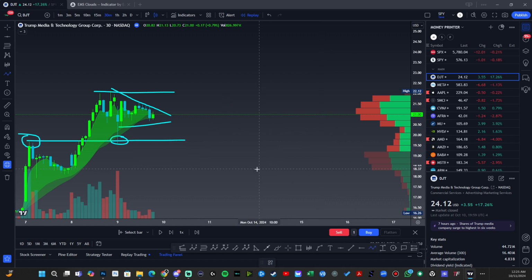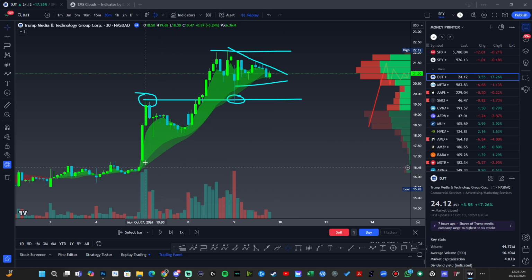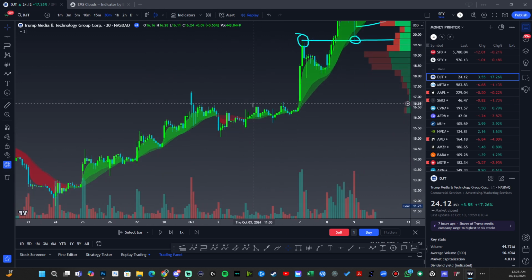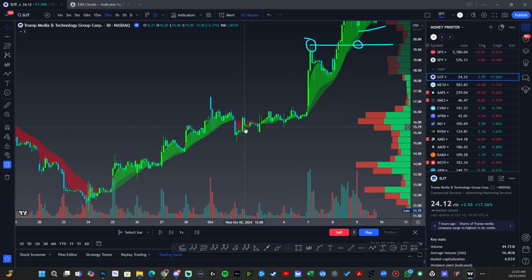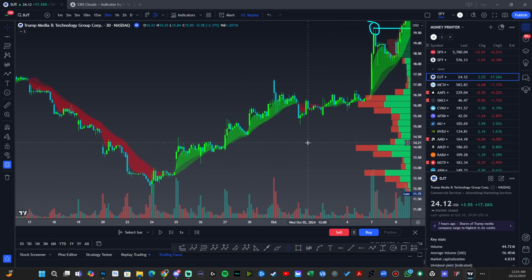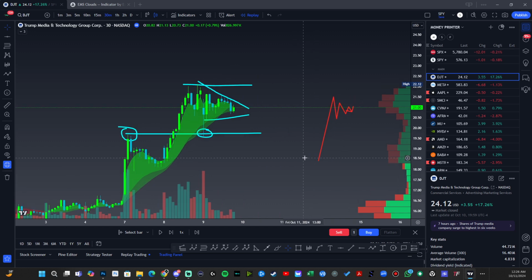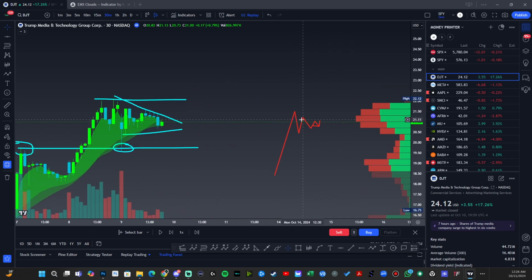We want to see high and tight flags: high on the flagpole, and tight to the flagpole, just like this. Not really like this. Although it worked out here, it doesn't tend to work out too often, or it works but it's not as probable and not as explosive a move. So, high tight flag.